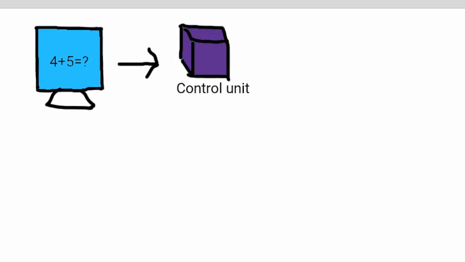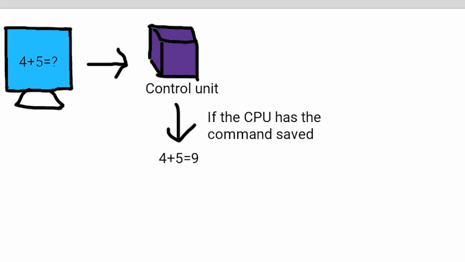In summary, here's an example of how the CPU deals with a command. Let's say you would like to add 4 and 5 together. First, your command will be sent into the control unit by binary code, where it gets translated into microcode. If you already have tried to add 4 and 5, your CPU will recognize this and just activate the code it has memorized.